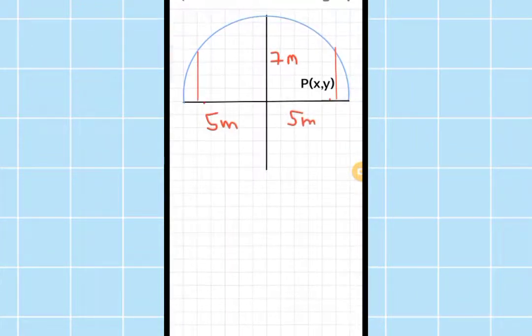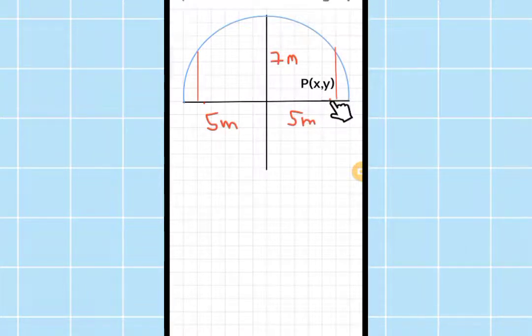Now, we can identify the x value of point P(x, y) by using the given information from the problem. Since the center of the circle is at the origin, we can easily count how many places there are between the y-axis and the height of the tunnel at the edge of each lane. The problem states that the width of each lane of the road is 5 meters.